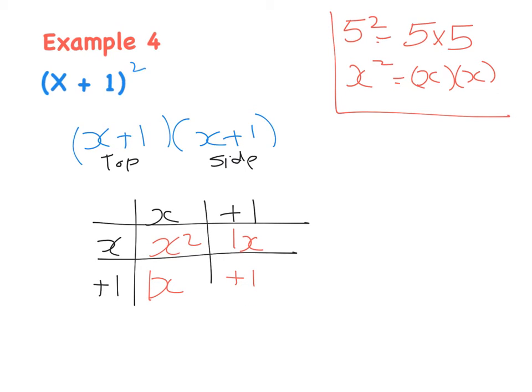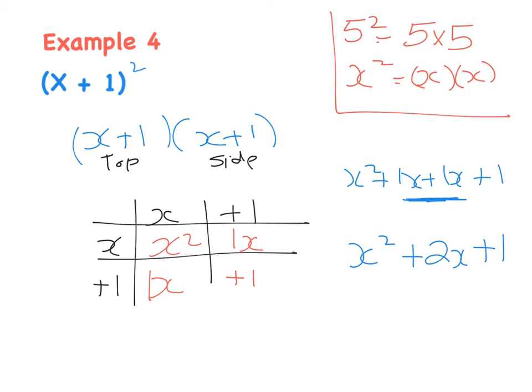So I've done all the hard work, I've multiplied. I'm just going to bring my answer together. So it is x squared plus 1x plus 1x plus 1. And these two are the same. We can group them together. And so my final answer is x squared plus 2x plus 1. So just remember, if you come across something squared, it really just means multiply it by itself twice.